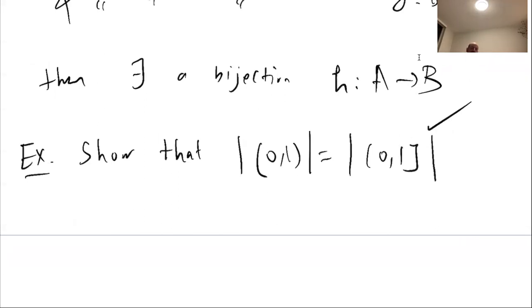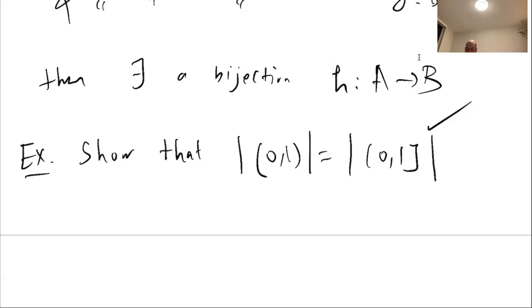So again, we have two infinite sets, the open interval 0 to 1, and the half-open, half-closed interval 0 to 1. How can we compare these two infinite sets? Are they the same type of infinity, or is one of them larger than the other? So we want to show that these two are equal in cardinalities.